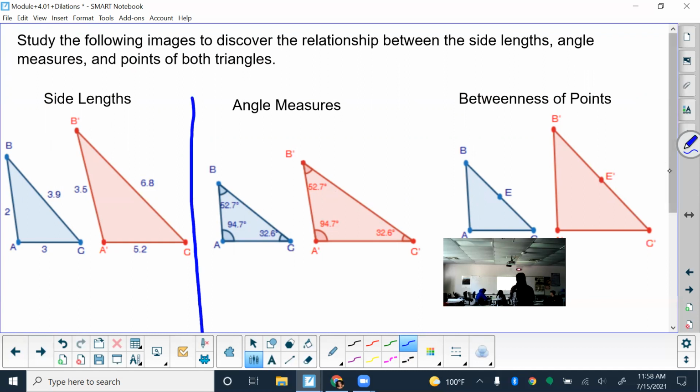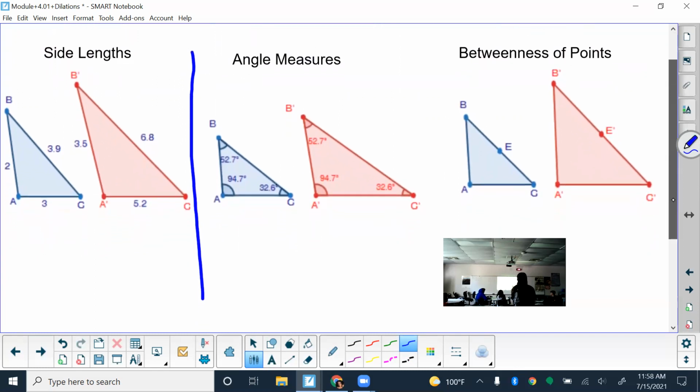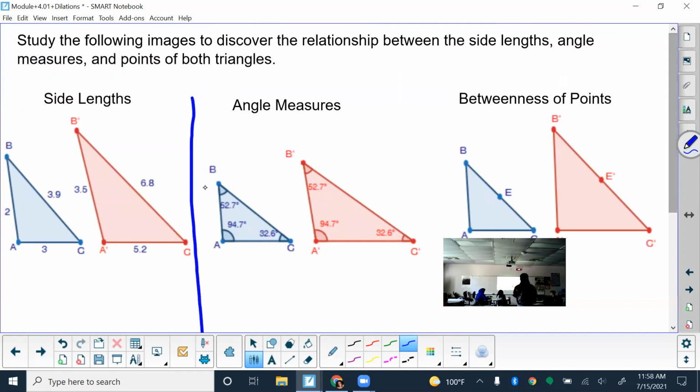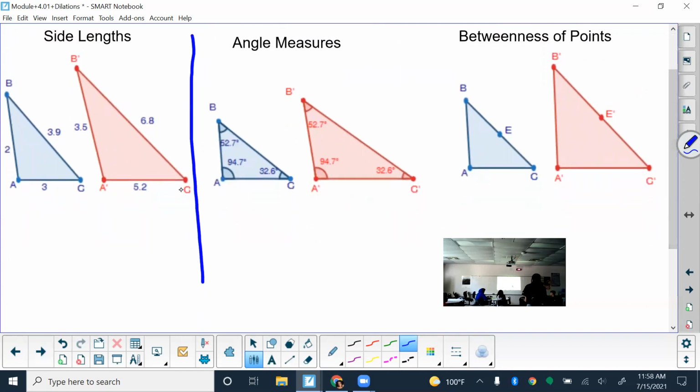So for side lengths, it may or may not be easy to see. We've talked about it with similar figures before. But side lengths of two figures, where one of them was dilated into the other, you should note that it changes by a scale factor.